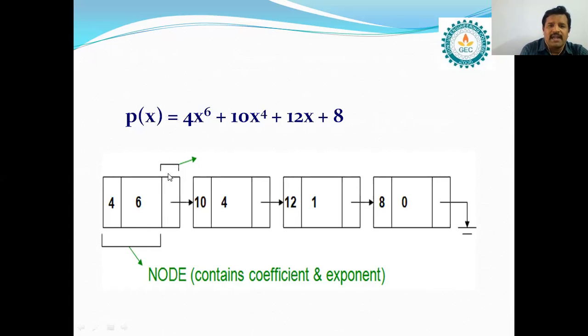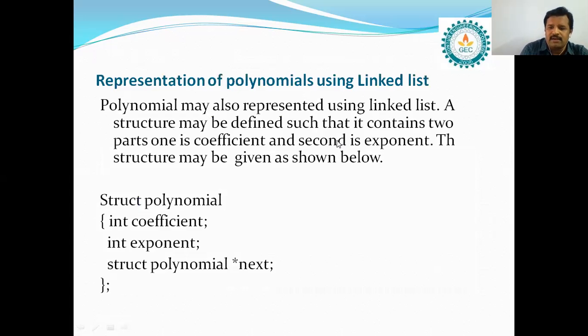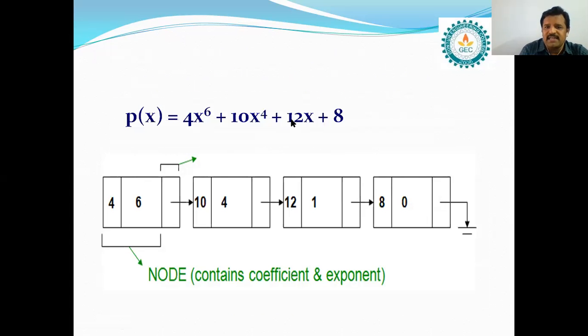And the second term is 10x power 4. Here the coefficient is 10 and the exponent is 4, and this is the address part which points to the address of the next node. The third term contains the coefficient 12 and the exponent 1, and this points to the address of the next node. And the next one is 8.